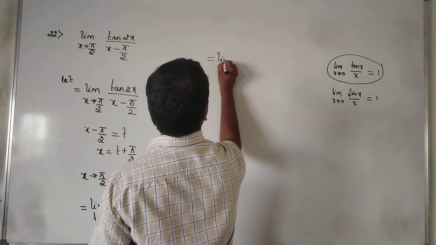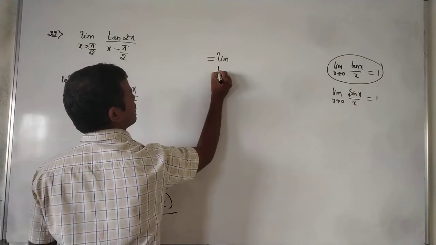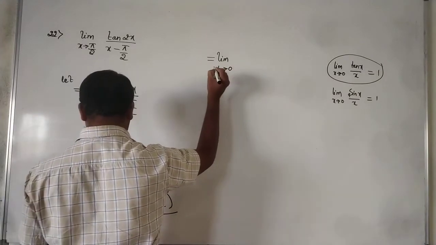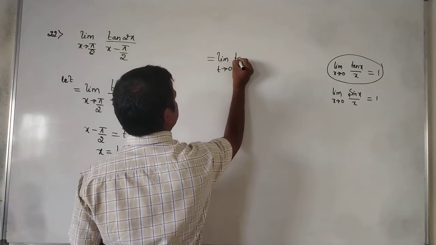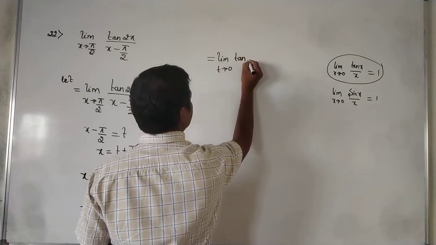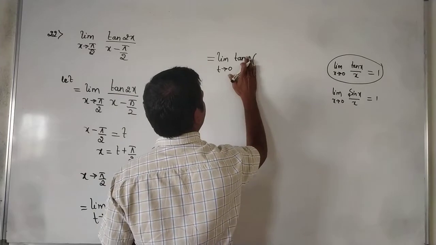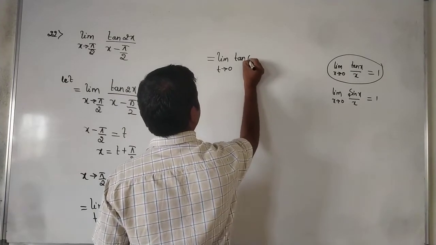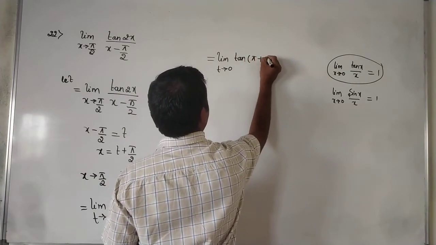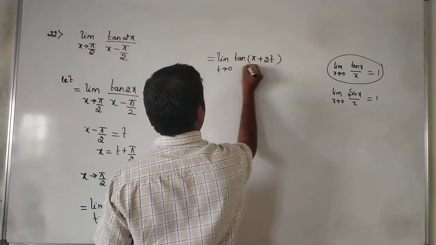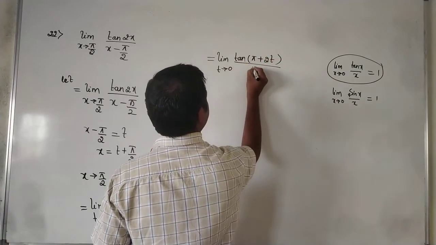Limit as t tends to 0 of tan(2π + 2t) divided by t.